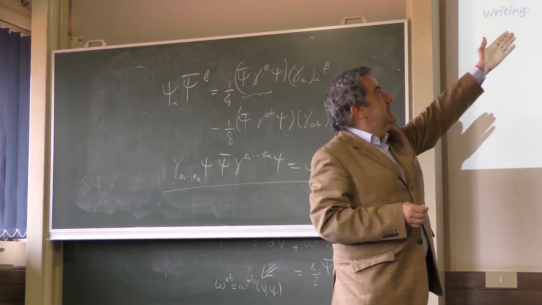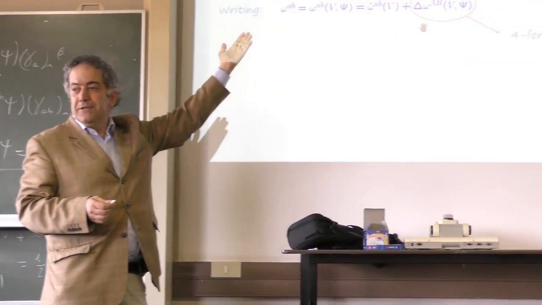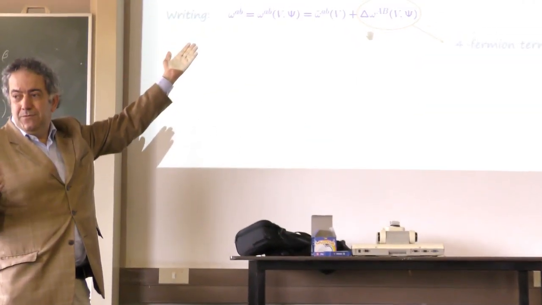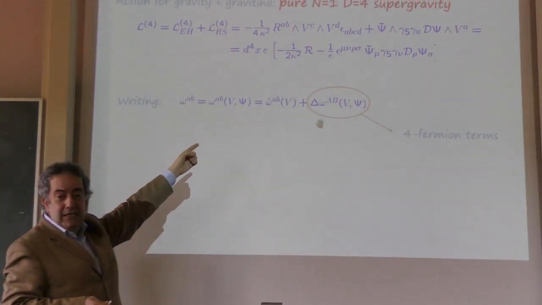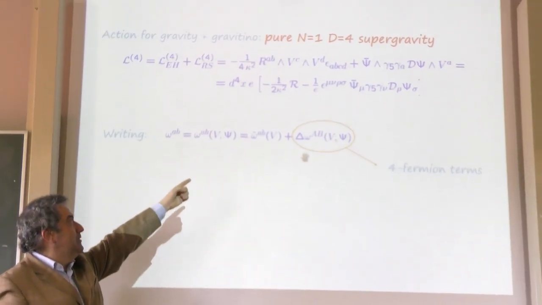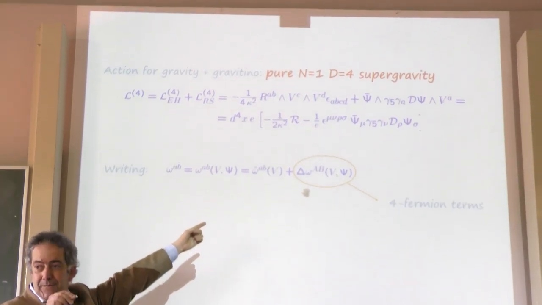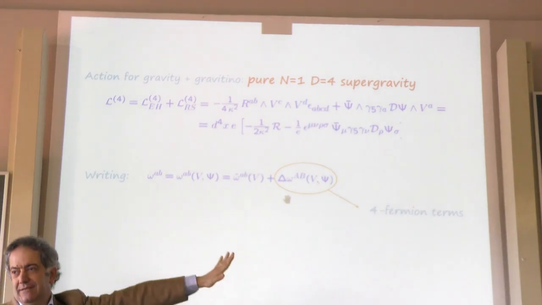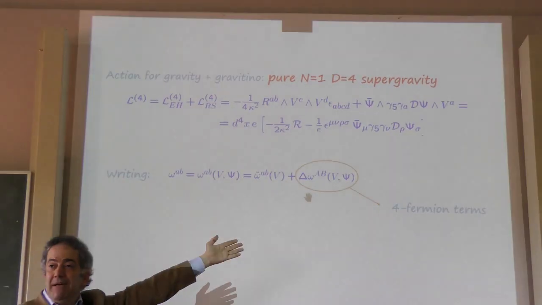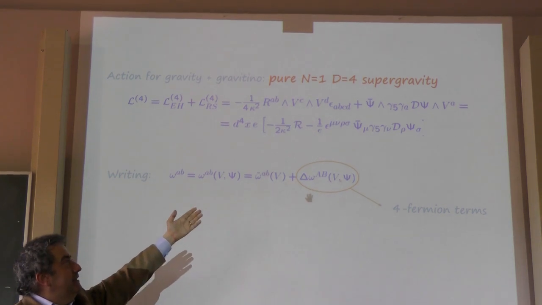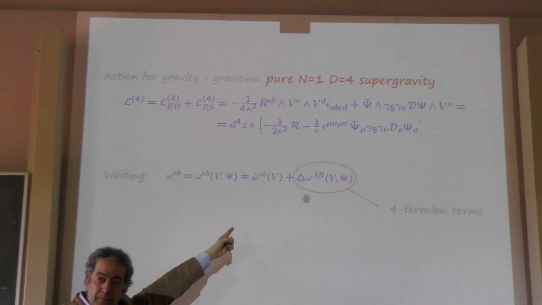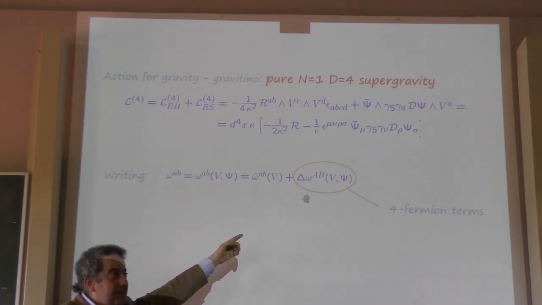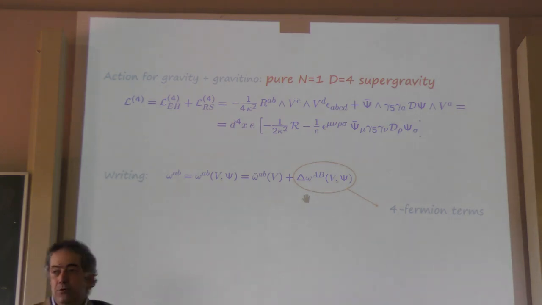Now, you see, in this action, apparently there are no 4 fermion terms, with order 4 in the fermion fields. However, they come out if you write the connection as a torsionless connection, depending only on B, plus all the rest. The rest will depend on torsion, and depends on psi. Now, if you write all covariant derivatives in terms of the covariant derivative with respect to this first omega circle, the torsionless one, then the second term will produce order 4 fermion terms.